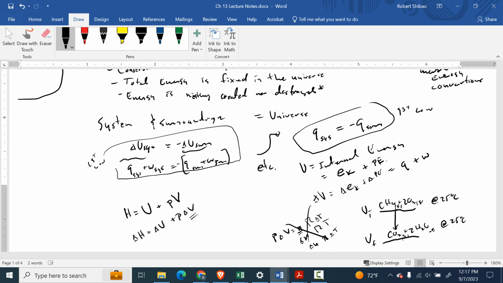And so the change here is going to be delta U is equal to delta EK plus delta PE. Did the kinetic energy change here? So we start at 25 degrees C and we end at 25 degrees C. Did the kinetic energy change? No. But the potential energy changed because methane and oxygen is an unstable, explosive mixture.